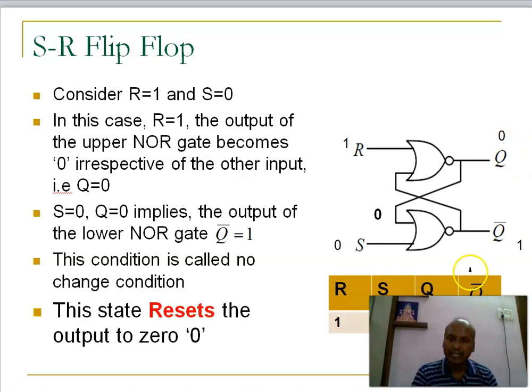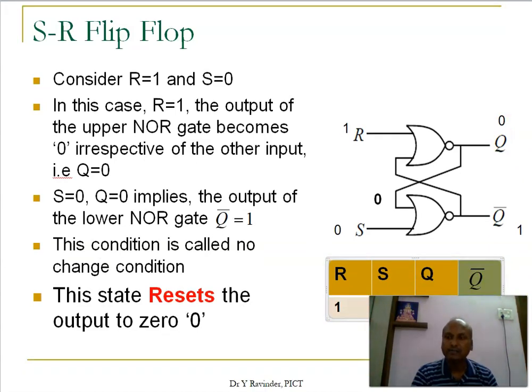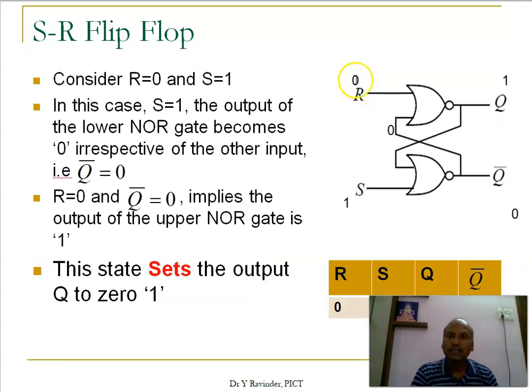Now, when I make set 1 and reset 0: when set is 1, this becomes 1. When one of the inputs is 1, the output becomes 0. This 0 is fed back here, and with both inputs 0, the output will be 1.